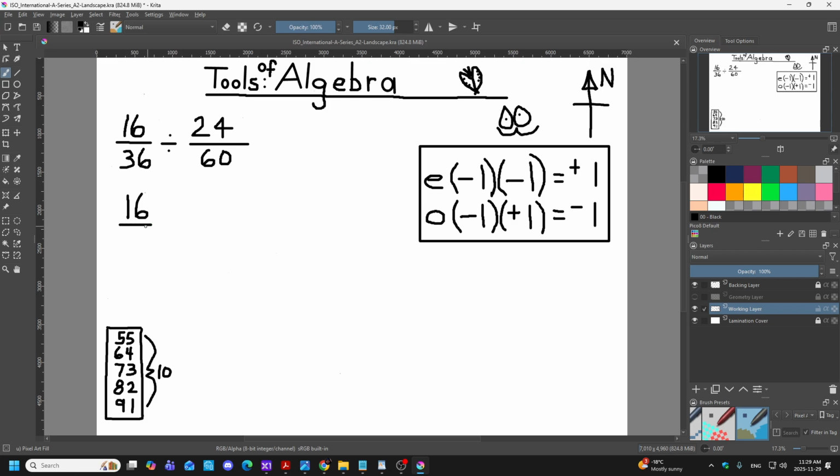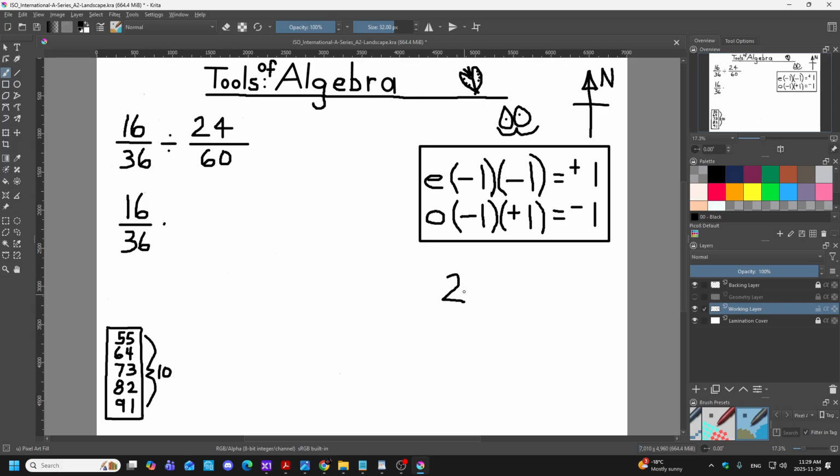So we have 16, okay, so the north is unchanged, that is common. What we have to do is multiply the south by the reciprocal, so we're basically changing it from division to multiplication. The step is to multiply it by its reciprocal.